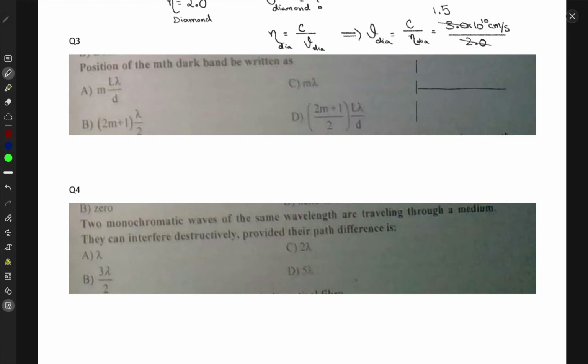And suppose that the distance between the screen and these slits is L. And on this screen, I'll see something like this, which means that wherever I have this maximum amplitude, that's where I'll see bright fringes. And so the distance from this center bright fringe to this bright fringe is given as y.